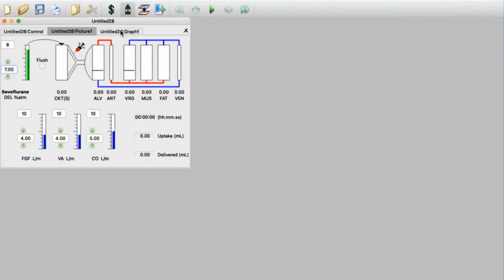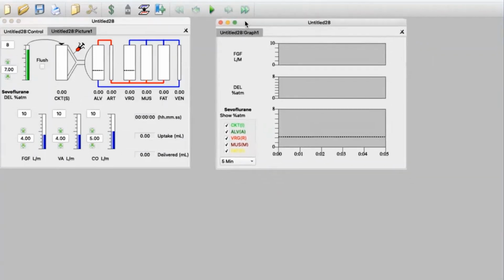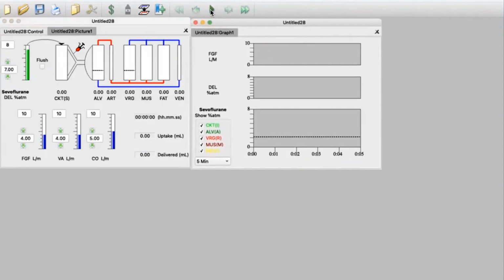And what we're going to look at is a graph of the time course of anesthetization. What I've done is I've hit the pause button when I saw alveolar reach 1 MAC. That occurred, we can see over here, somewhere between 1 and 2 minutes. And if we click the cursor here, we can see it was 1 minute and 36 seconds.